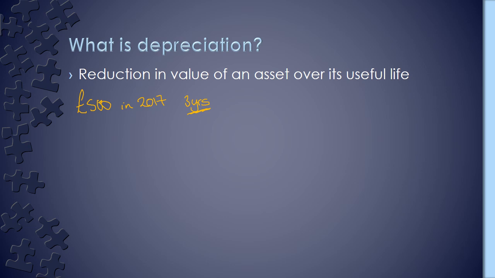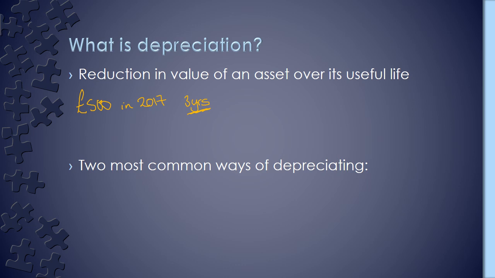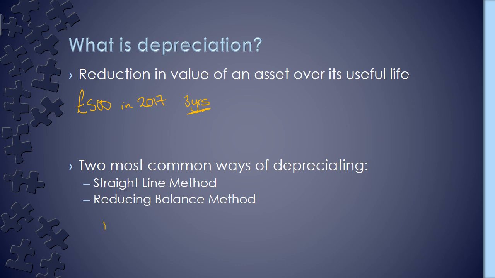So the methods of depreciation, there's two most common ways of depreciating, and this will depend on the accounting policies of the business. You can have a straight line method or a reducing balance method. You may also hear the second one referred to as a diminishing balance method as well.